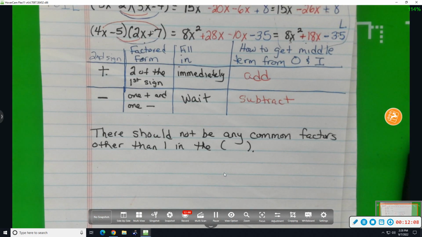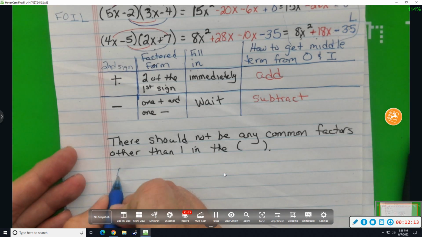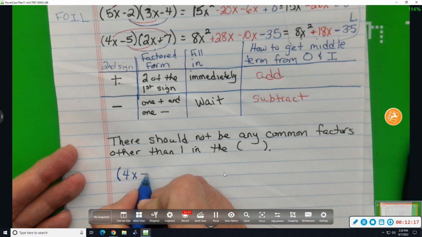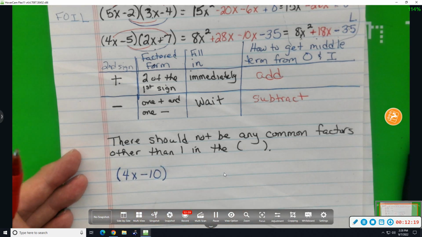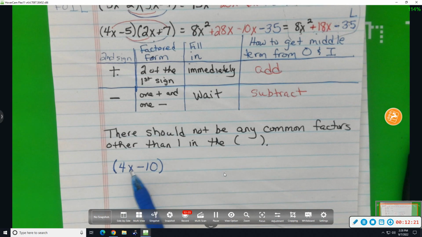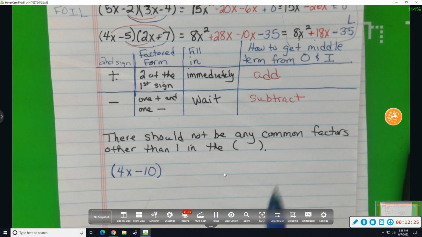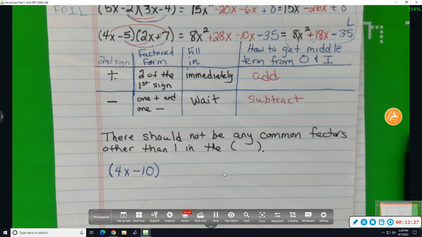Suppose you're trying to FOIL something and you have this: 4x minus 10. Could that ever be one of these sets of parentheses when you're factoring and getting answers? Well, no. Why?